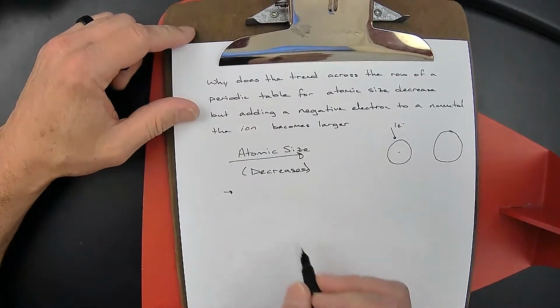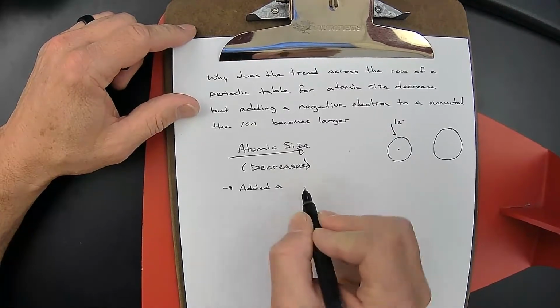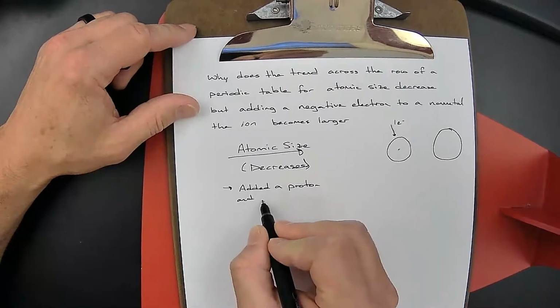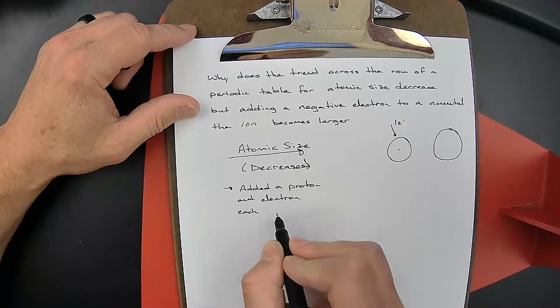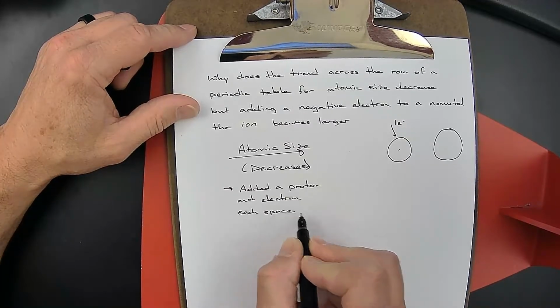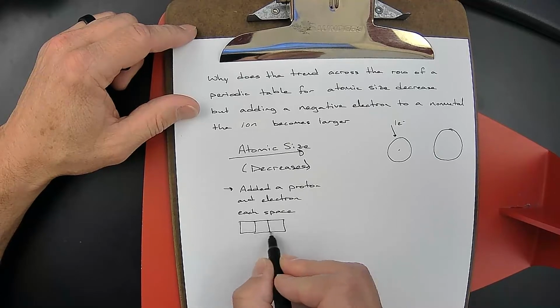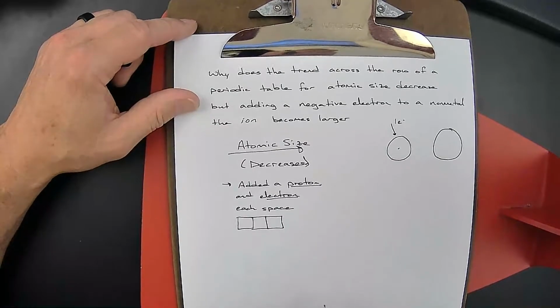The reason is that we added a proton and an electron each space. Every time we move from one element to the next element, we're adding a proton and an electron.